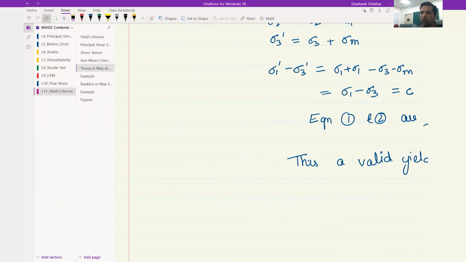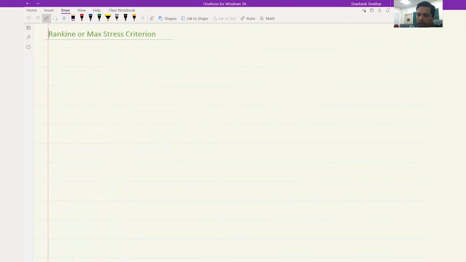Now let's move on to another criterion, which is called the Rankine or maximum stress criterion. One of the criteria we saw talked about maximum shear stress, so why not talk about maximum stress? Maybe we can define that.